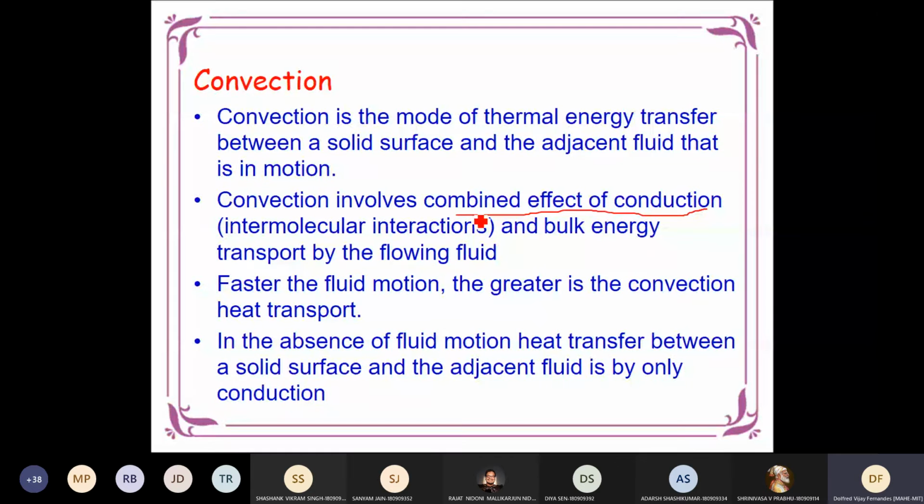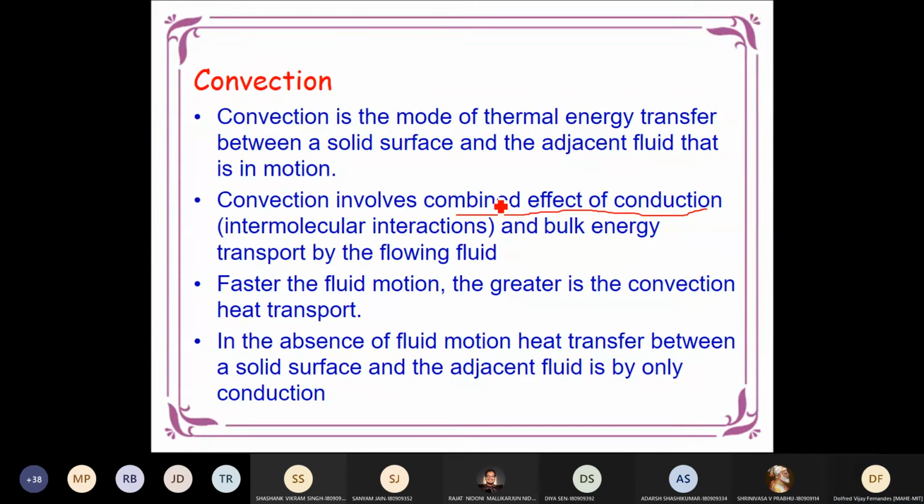Capacity in the sense, if you increase the fluid motion or the velocity of the fluid, that means the mass flow rate is increased, right? The fluid has a capacity to store energy, right? m c_p delta T is what we use as the energy stored in the fluid.